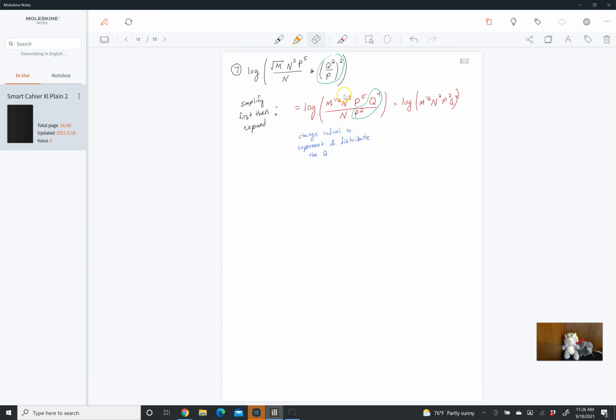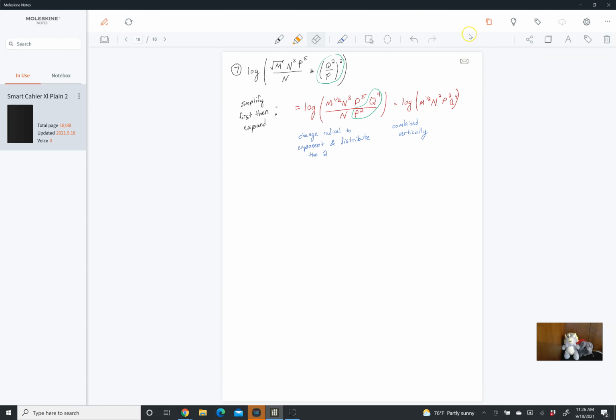That's because we can subtract the exponents here. 3 minus 1 is 2. 5 minus 2 is 3. That's where it came from. So here, we just combined vertically. And now we just expand.